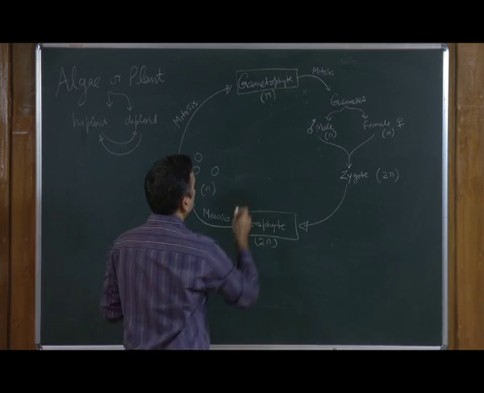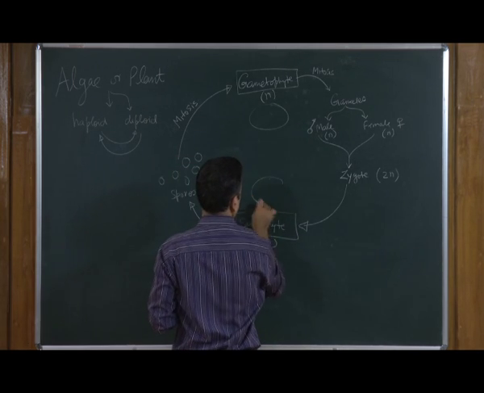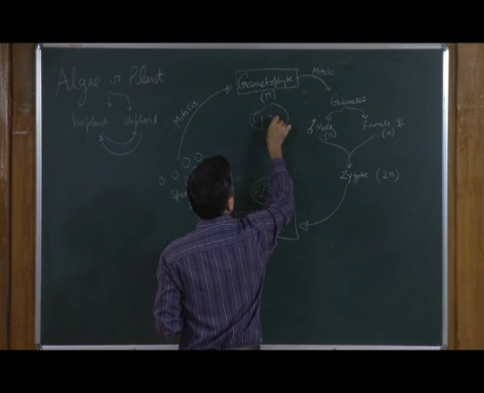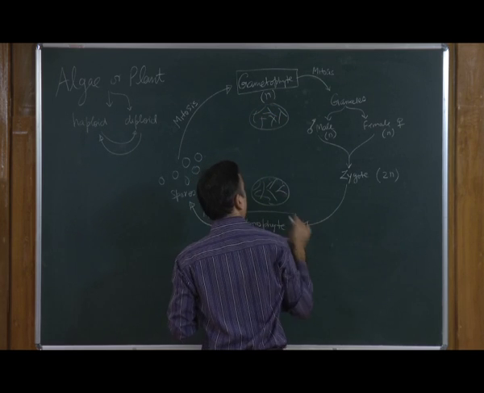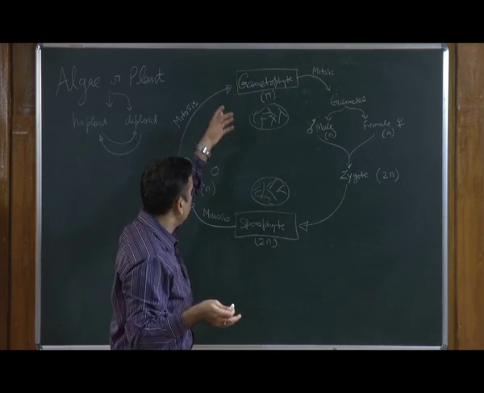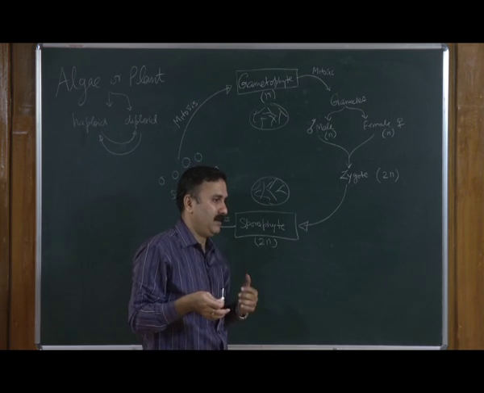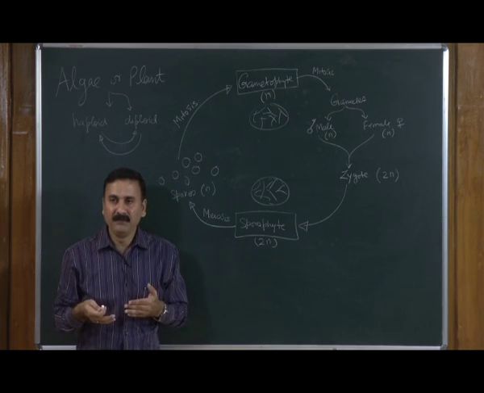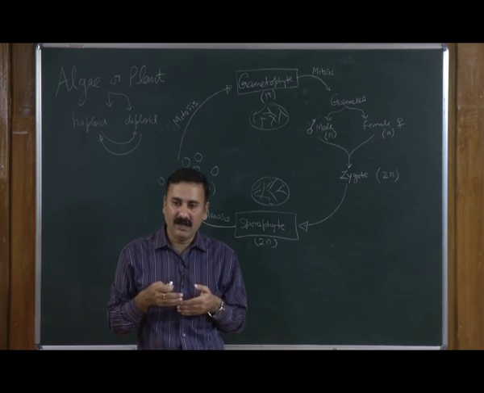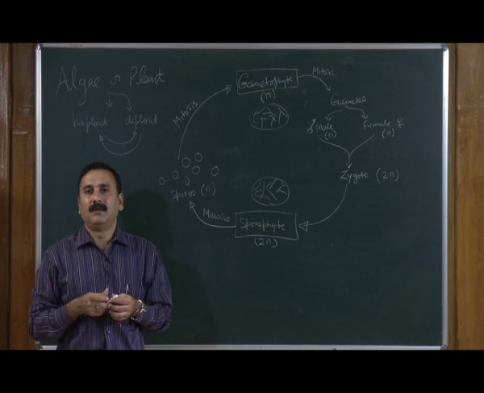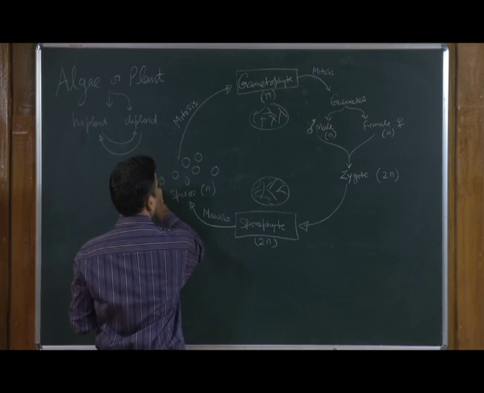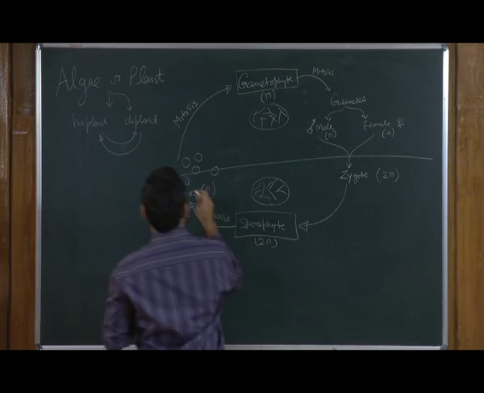So, now you can have well developed sporophytes and well developed gametophytes. In the case of algae as well as plants, these two different stages of the life cycle can exist together, or they can exist as separate individuals. But what is happening here is very clear.